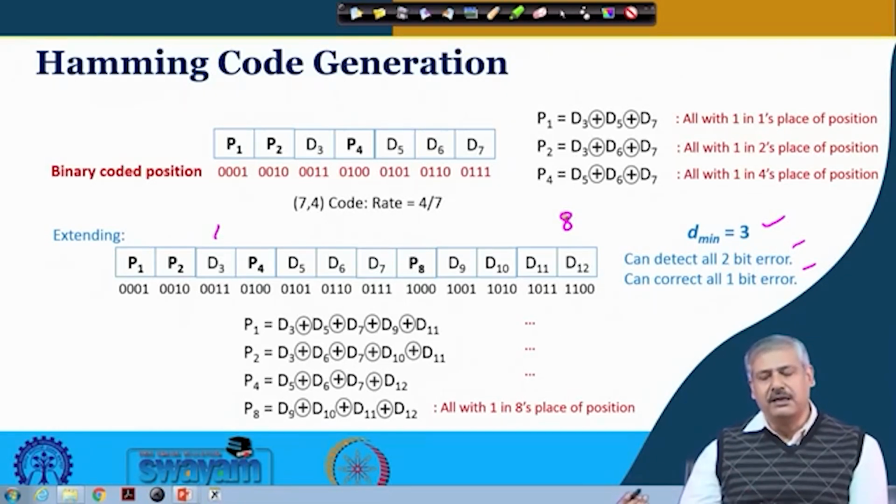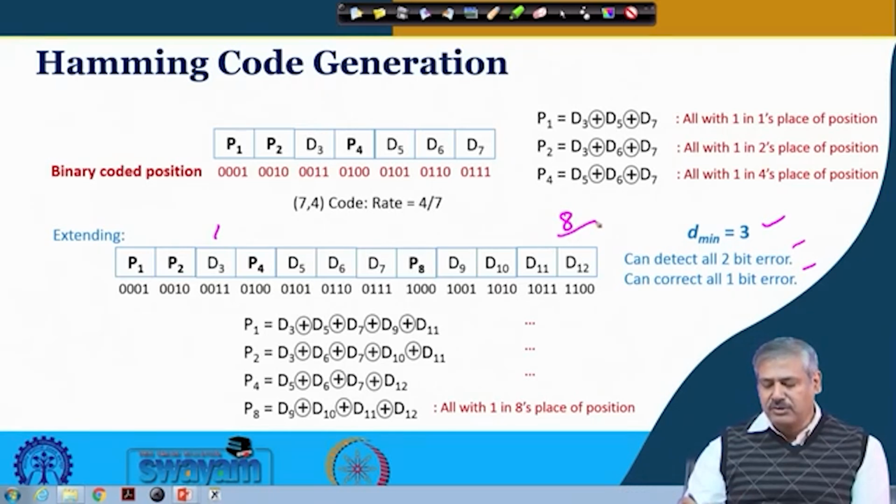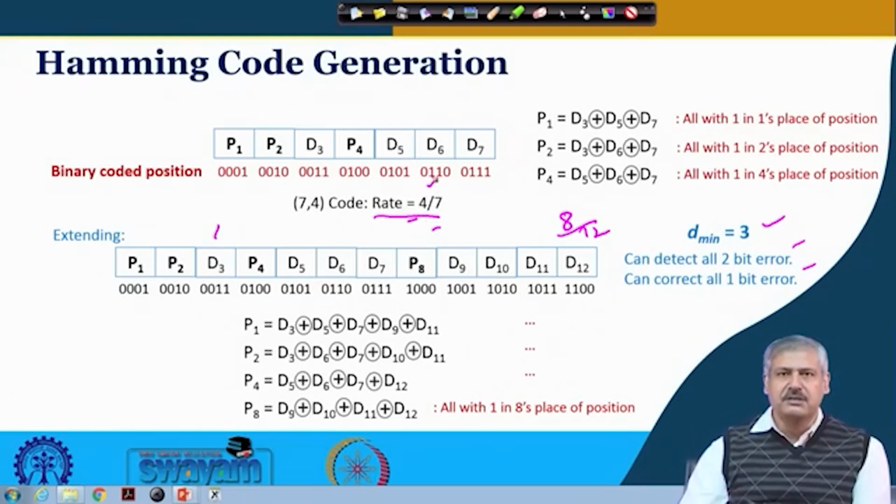So 8 out of 12 will be useful in this kind of coding, and in the 7/4 code, 4 data bits out of 7 will be useful. This is how one can define the rate at which information goes from one place to another. Because of the parity bits, though you are sending 7 bits, your message-conveying bits are only 4. So the rate has been reduced.